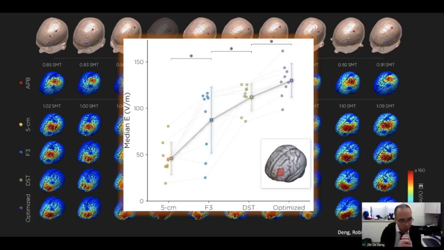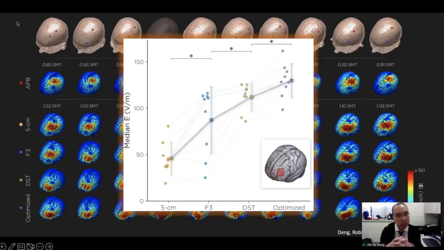The F3 target generally does a little bit better in terms of raising the average electric field, but you can see, even from this very small sample, that there's a significant increase in the variability with the F3 strategy. Now I would like to talk about the last bar there, coded in purple.